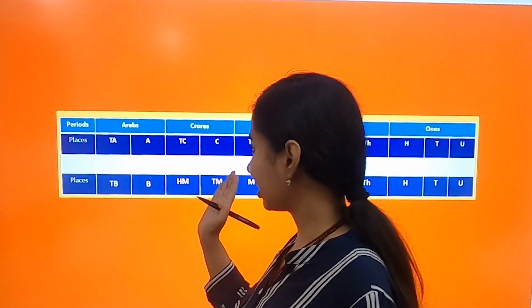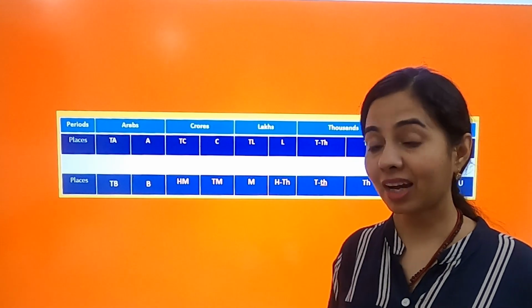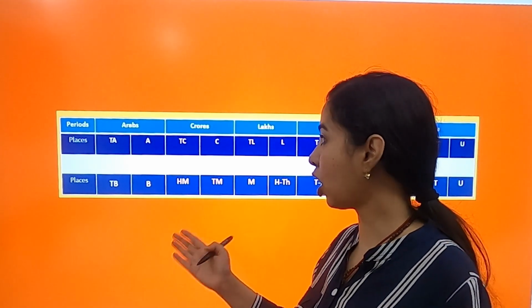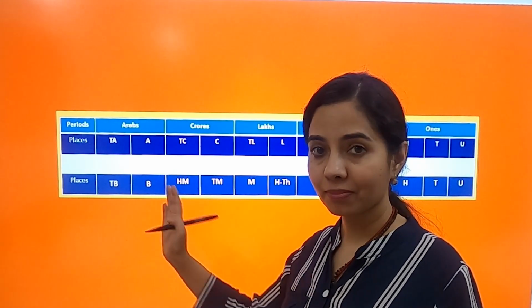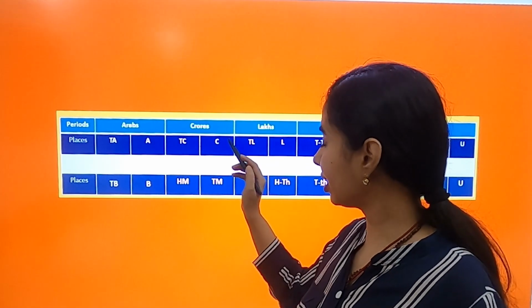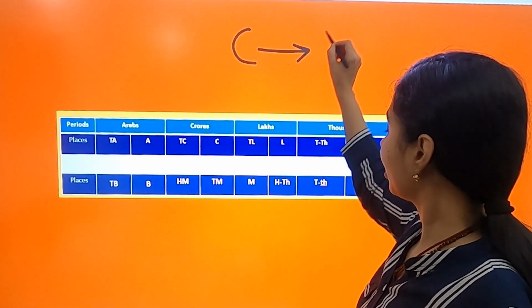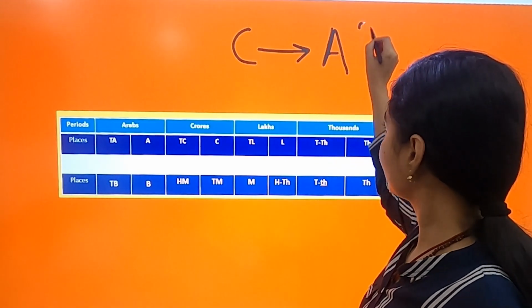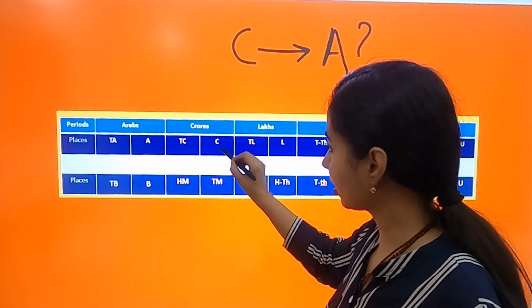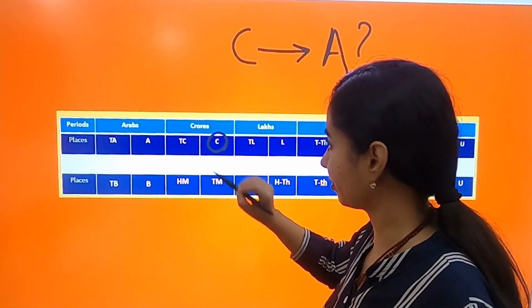Simple. But if the question would have been how many crores are there in 1 Arab, how to do it? This is the question. So we'll start from here.